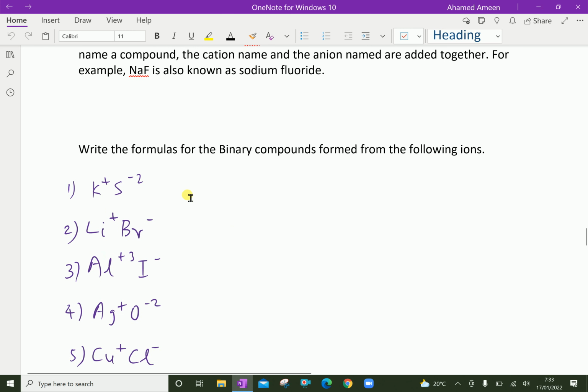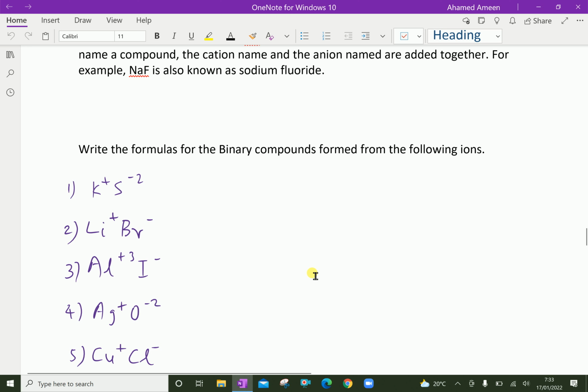Write the formulas for the binary compounds named from the following ions. Here, K+ and S2-. The potassium ion has a single positive charge and sulfur has two negative charges.